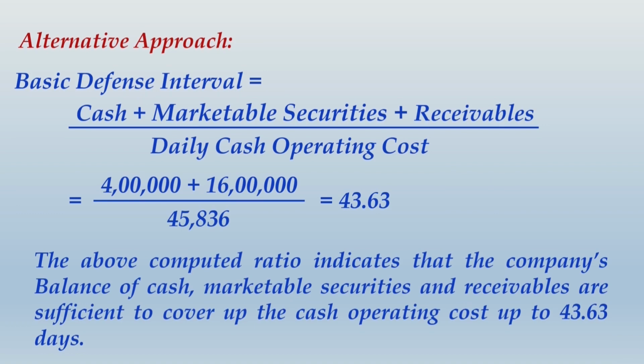Mind it, one more thing: in the previous approach, the interpretation said balance of cash and marketable securities. Here in the interpretation we are clarifying balance of cash, marketable securities and receivables.